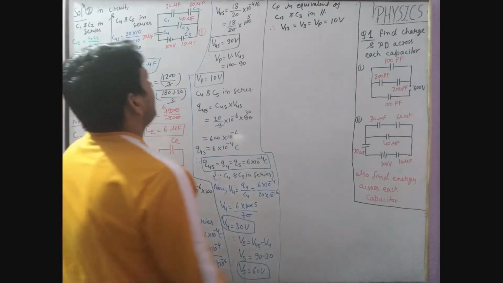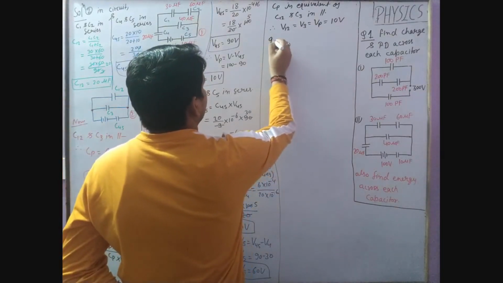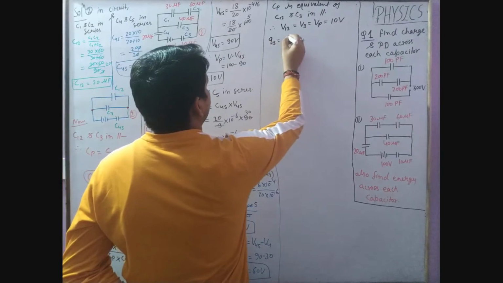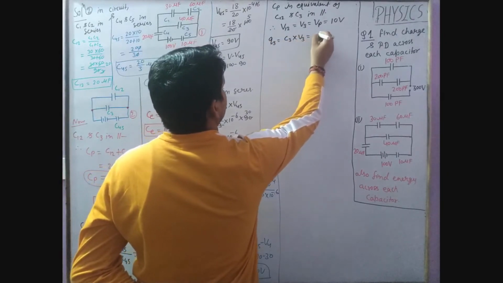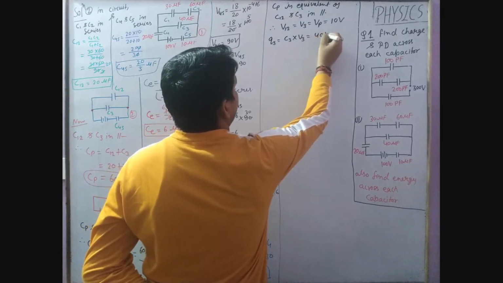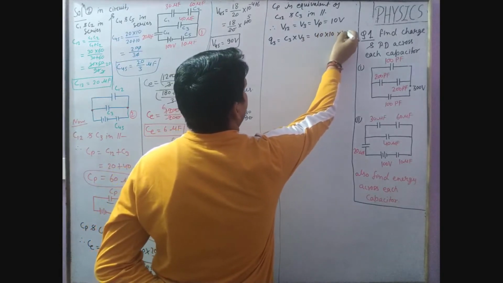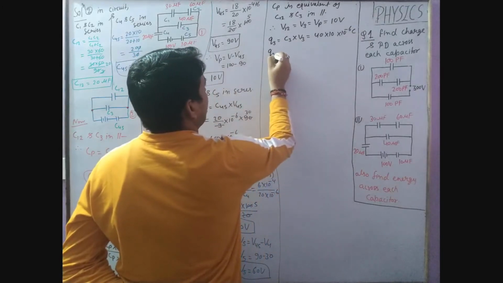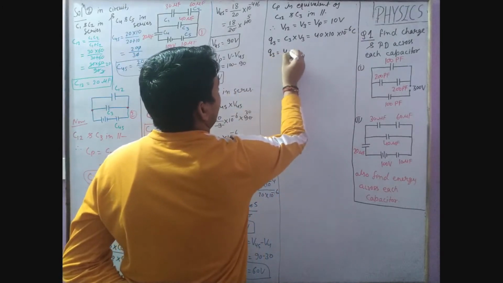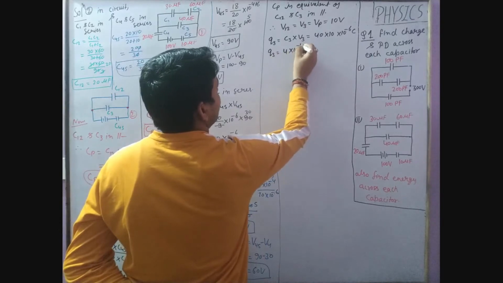Now Q3 is equal to C3 into V3, which is equal to 40 into 10 into 10 to the power minus 6 coulomb. Therefore you will calculate that it is 4 into 10 to the power minus 4 coulomb.